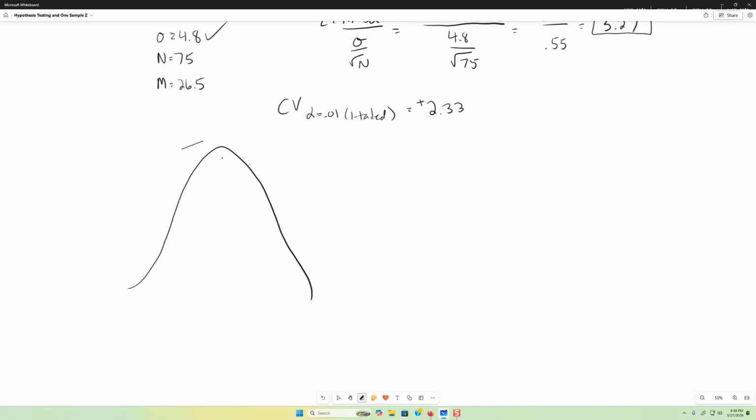Here's our curve. Here's 0. Our critical value is positive 2.33, it's right out here. Our obtained value is 3.27. It's in the tail, right? It's more extreme than the critical value. We're going to reject the null and claim that the new additive increases miles per gallon.